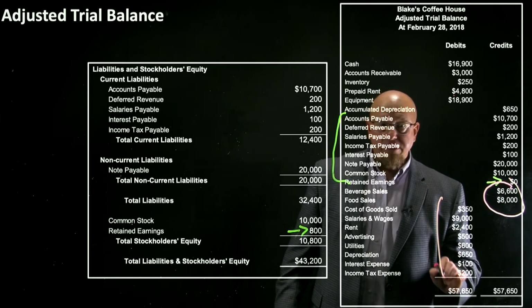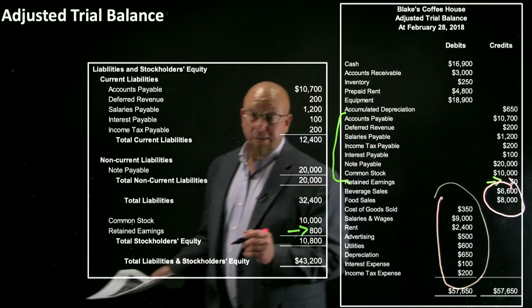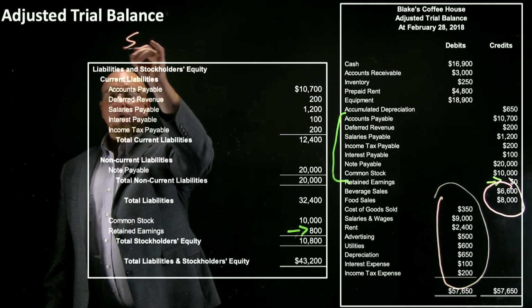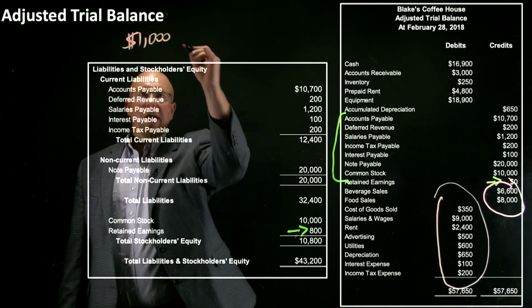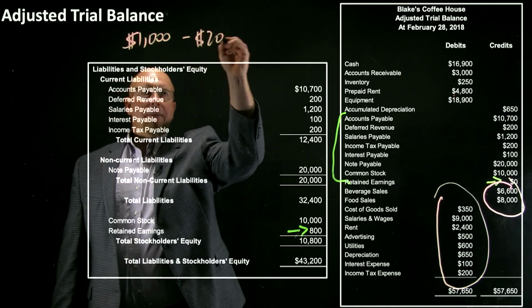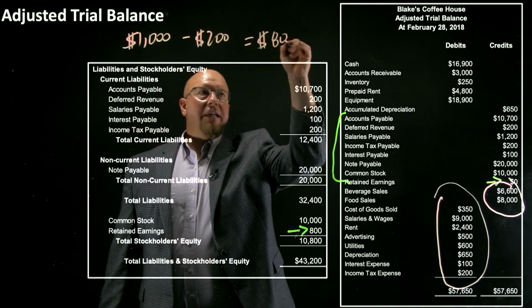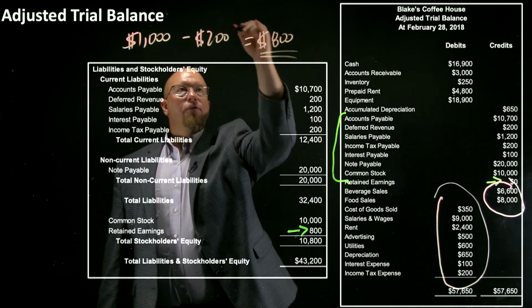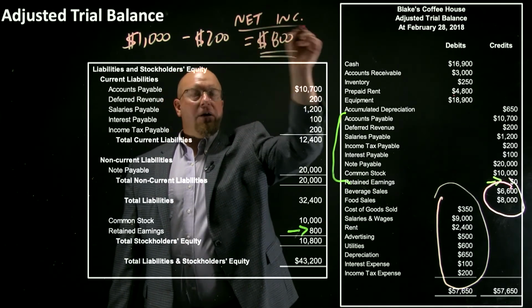We've got our expenses right here. Remember that pre-tax profit was $1,000, right? So pre-tax profit before we recorded an accrual for income tax was $1,000. Then we recorded that provision for income taxes of $200. That means that our net income for the month of February is going to be $800.